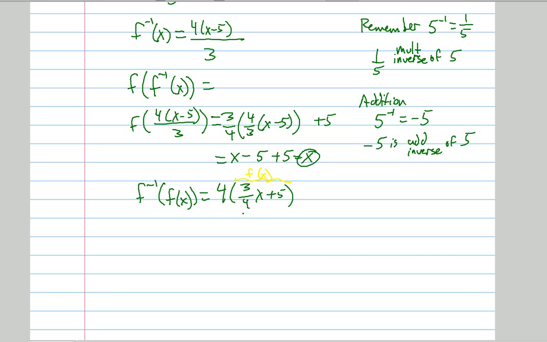So I'm doing f inverse of f of x, f inverse is that. Okay, so x, I'm going to do this minus 5, and the whole thing is going to be over 3, and I need one more set of parentheses here. So I've taken my f of x, I've plugged it in for x from this function up here.